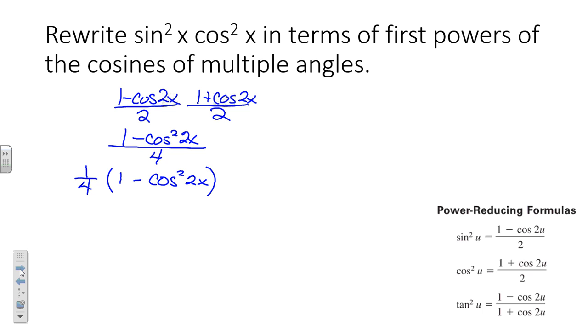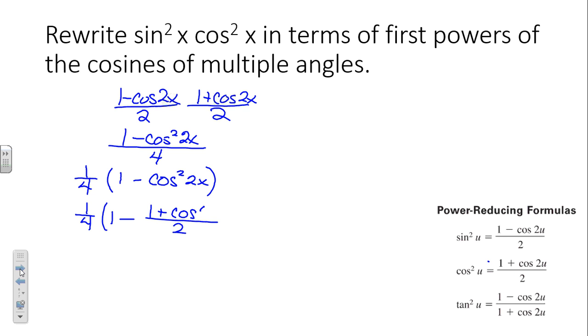If I distribute that back through, won't I get the same thing? So now let's substitute our power reducing formula in for cosine squared of 2x. We'll have our 1/4 and our 1 minus. Now, cosine squared of u was 1 plus cosine 2u over 2, right? So 1 plus cosine.